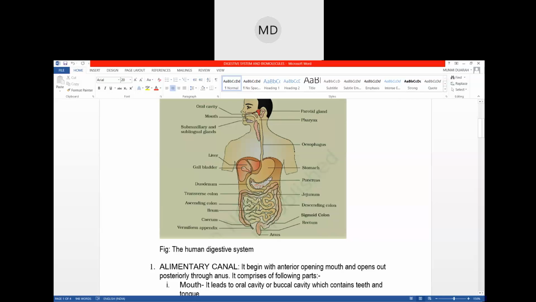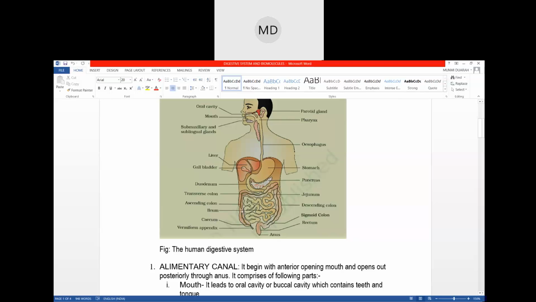Then comes the large intestine. This whole portion is the large intestine. It is also divided into three parts. The first is the cecum, where the small intestine comes and joins, and from here the large intestine starts.